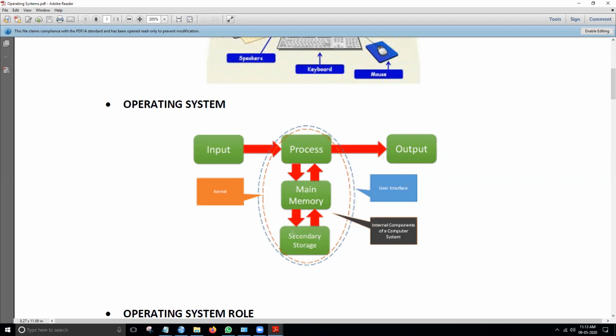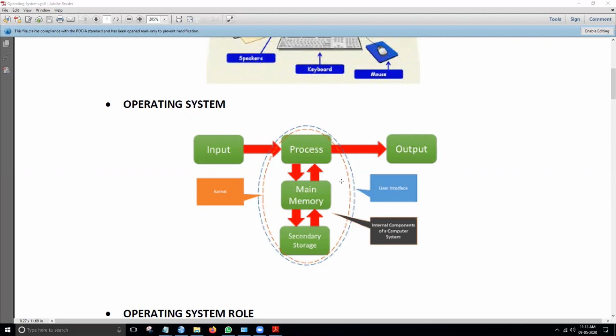How the main memory and secondary memory interact has also to be looked after by the operating system. There is a kernel, shown here in the brown shade, and a user interface, which is the outside one. These are the internal components of a computer system, all put together.